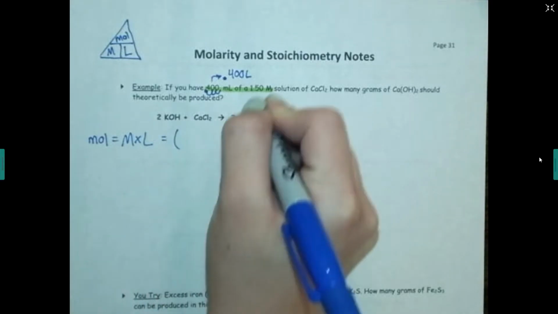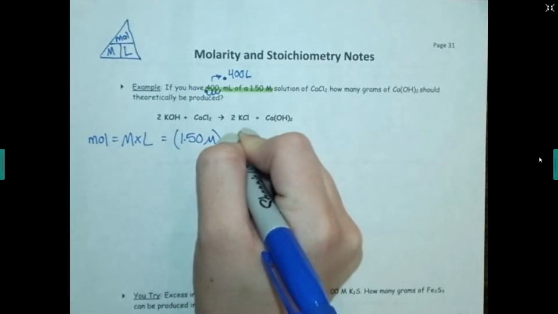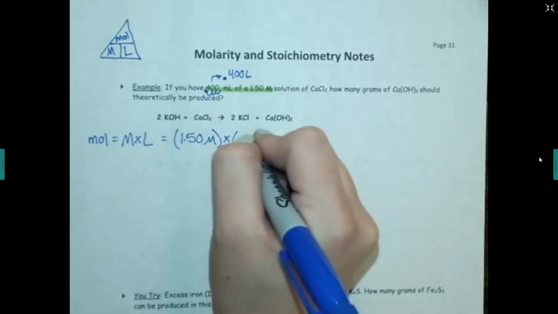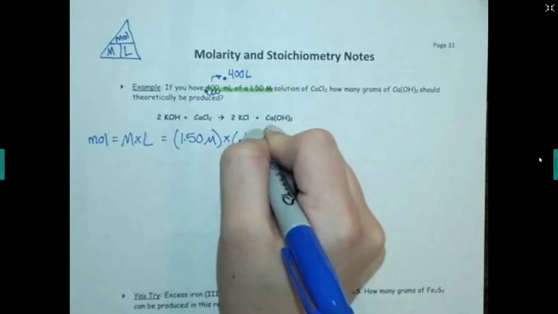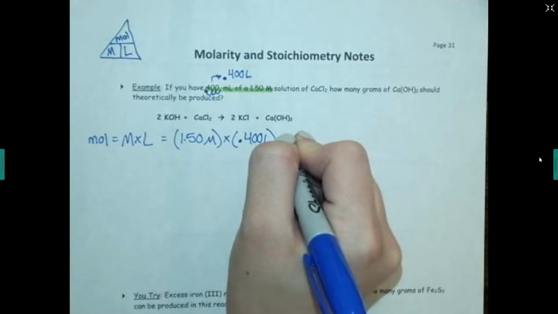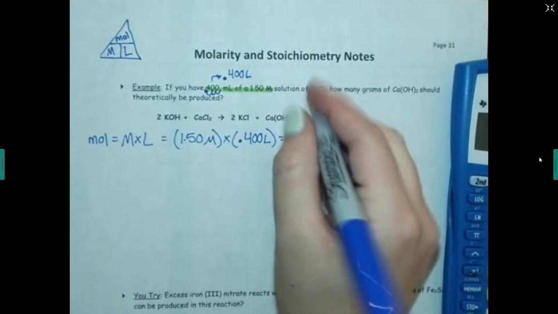Our molarity is 1.50, and our liters are, remember, you can't put milliliters in here. If it says L for liters, you have to use liters. So 0.400 liters. Put that in our calculator, and I get 0.6 moles.